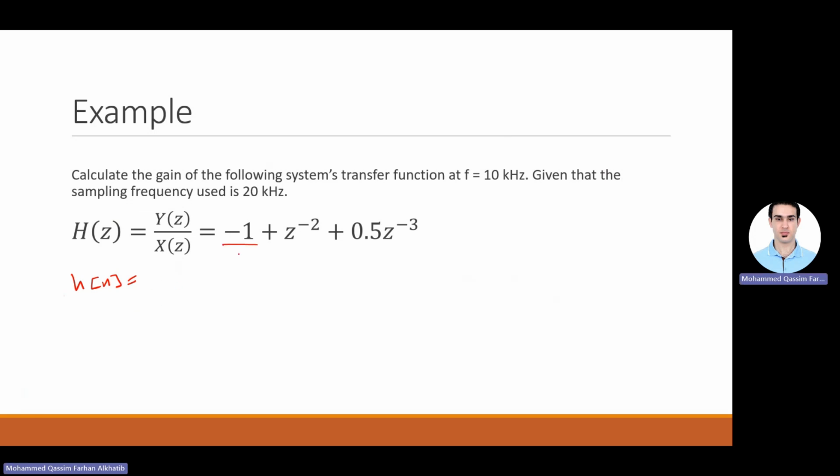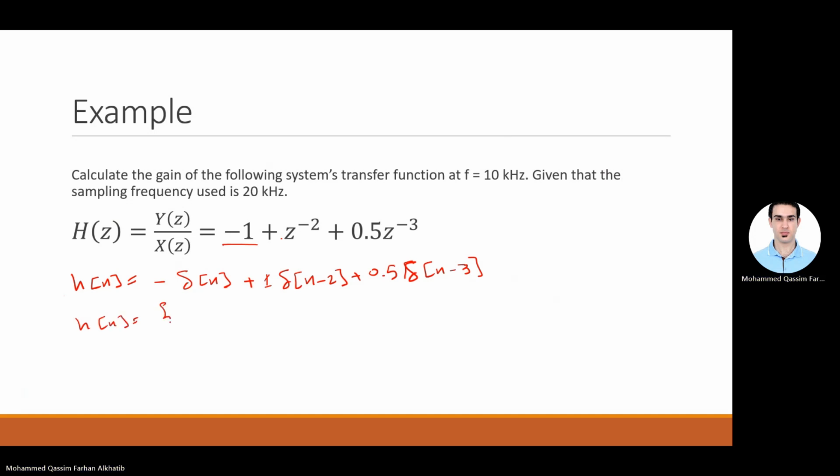Here I have -1, no shift, so negative delta of n, plus coefficient 1, delta of n minus 2, plus 0.5 delta of n minus 3. Or I can represent h of n as -1, 0, 1, 0.5. All these pieces of information provide the same solution.